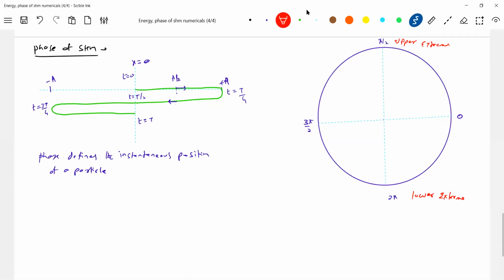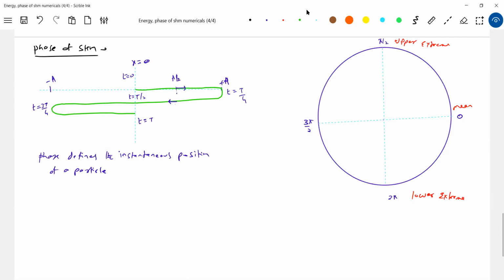This is the lower extreme, and this is the mean. Don't write mean here, so this horizontal line itself is the mean.